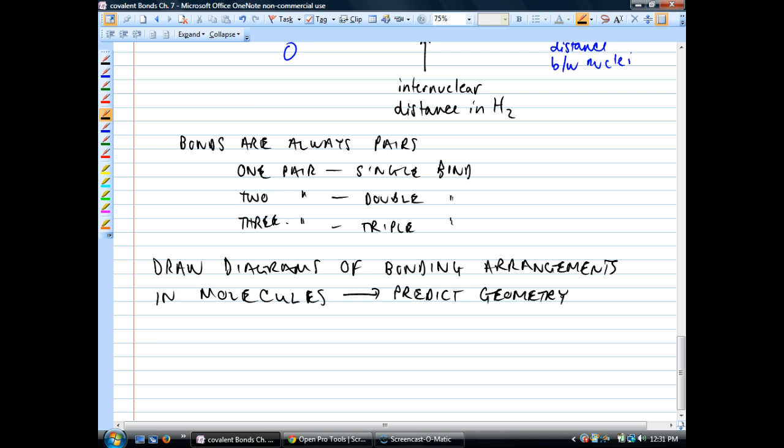Now, what properties would that affect? If two molecules are more strongly attracted to each other, what might that affect? Anyone over here on the left? Let's say two molecules are really strongly attracted to each other.